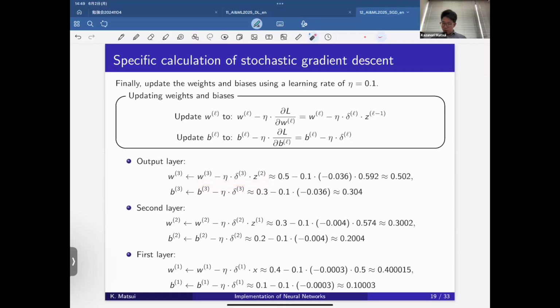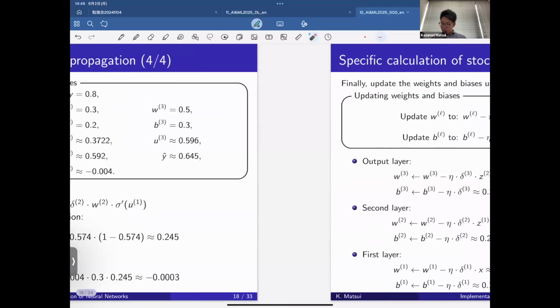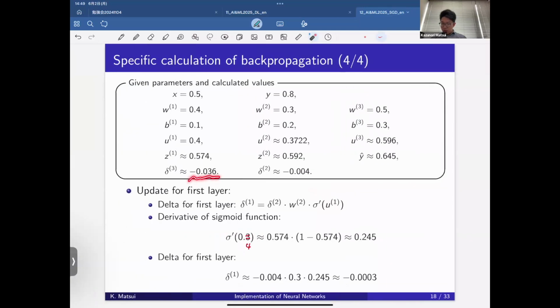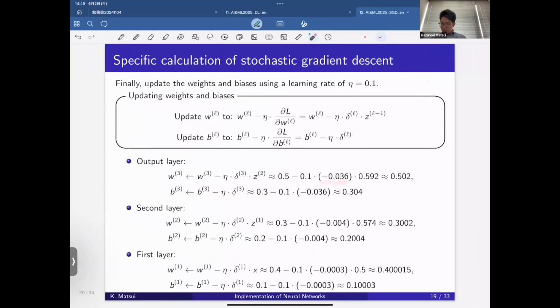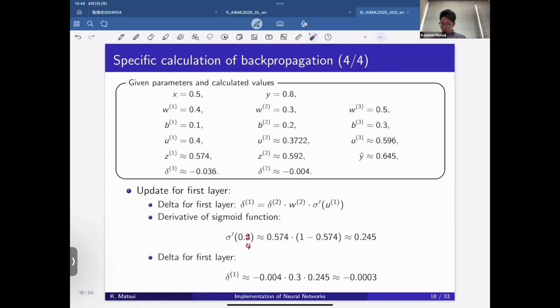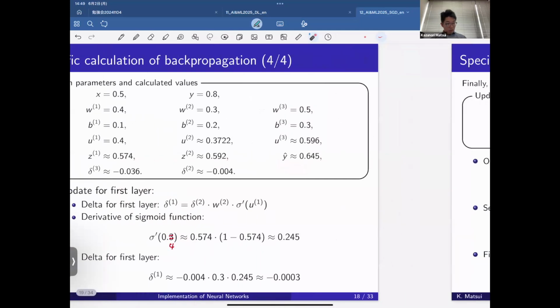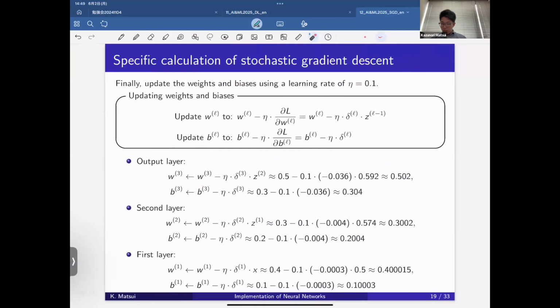W3 is 0.5, eta is 0.1, delta 3 is minus 0.0636 here. Z2 is 0.592. So we get this calculation.